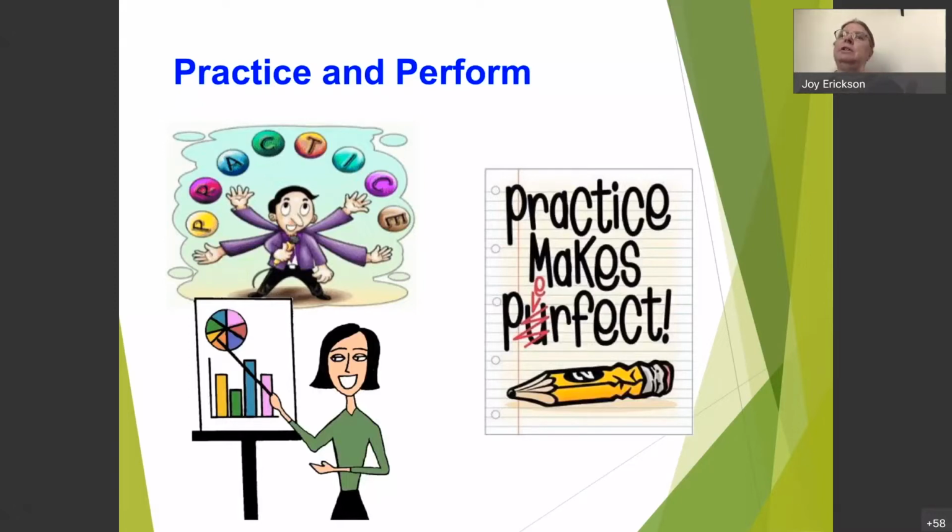Maybe it's a little easier with a computer, but I think it might be a little trickier because you're not seeing the people and you're not seeing the big audience. But you need to practice. Practice doesn't make perfect, but practicing correctly with an audience and getting feedback, that's really important.